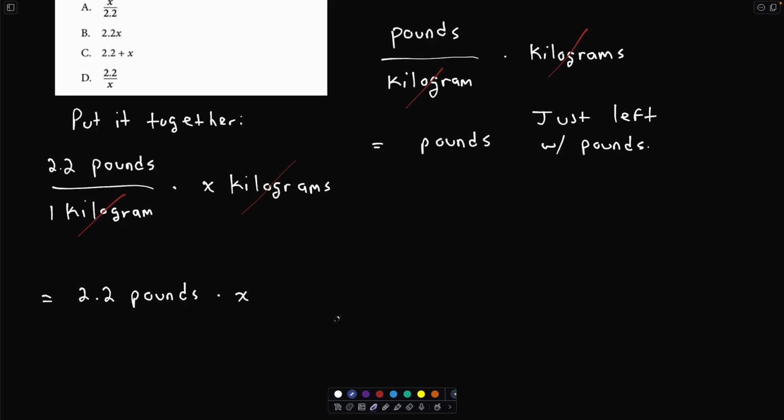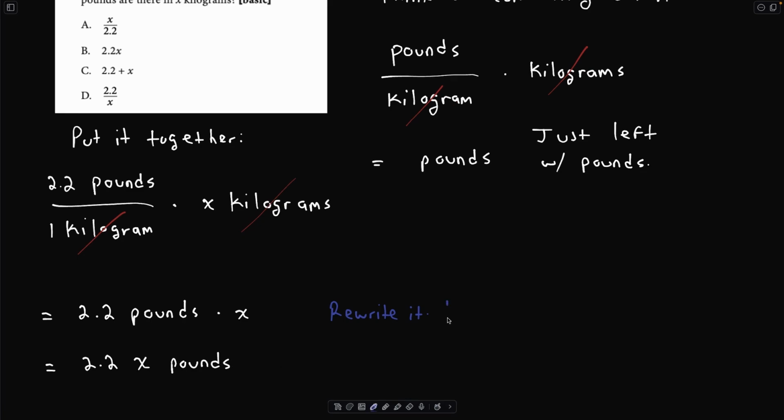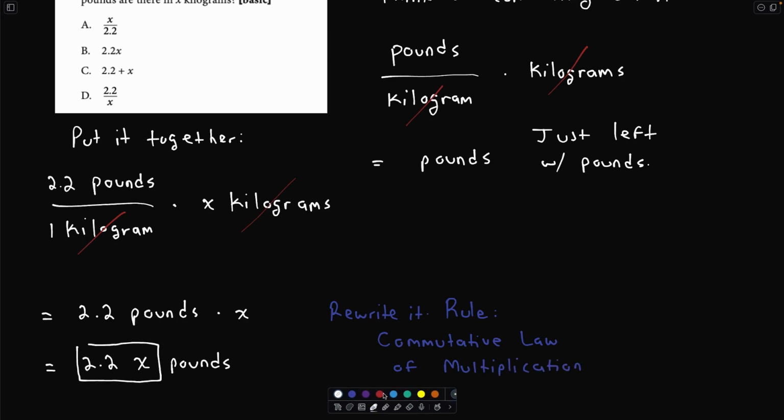So how can we get the answer? Well, we could rewrite it as 2.2 X pounds. And the reason why, because there's a rule called the commutative law of multiplication. And that leaves us with 2.2x pounds.